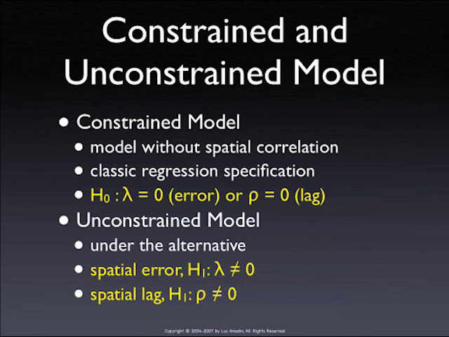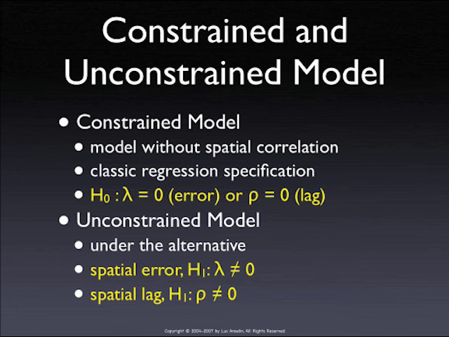If the data support it, we cannot reject the null. If the data don't support it, then we reject the null, that there is a constraint that sets this parameter to 0, in favor of an alternative that says this parameter is in fact not 0. And when it's not 0, then we have a lag model or we have an error model. So the constraint in our notation for the error model will be lambda set to 0.